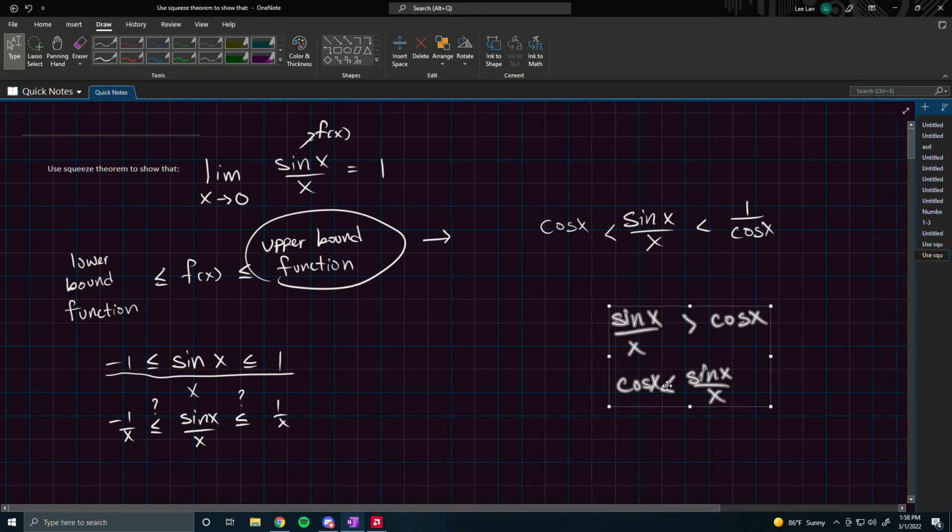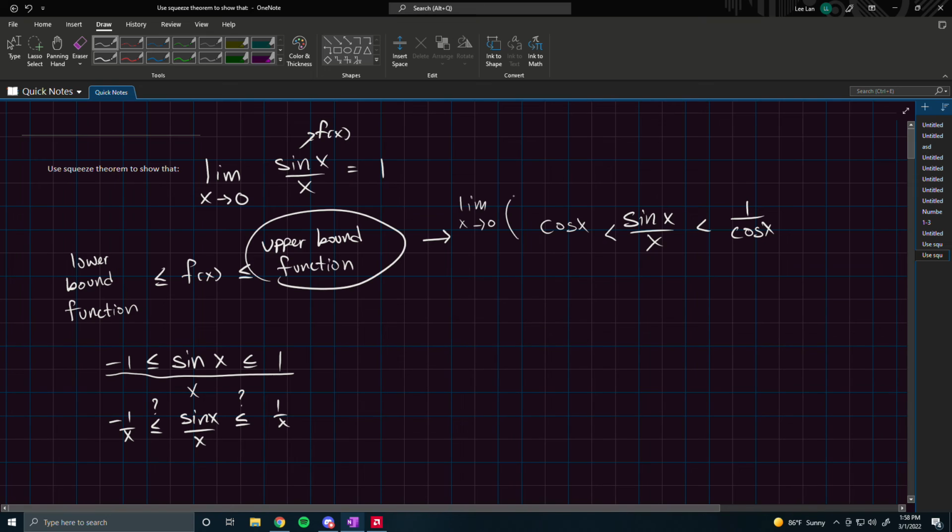So now we can finally evaluate the limit. Let's take the limit as x approaches 0 of this entire thing.